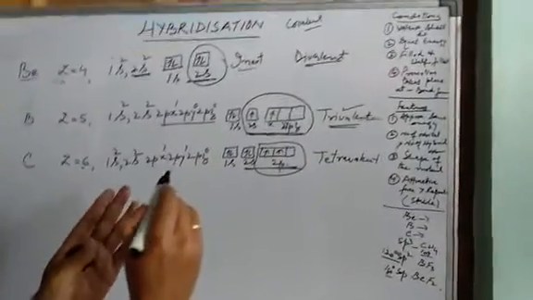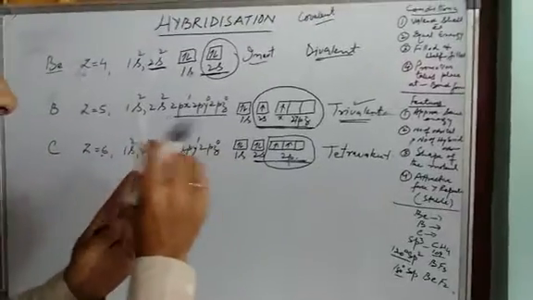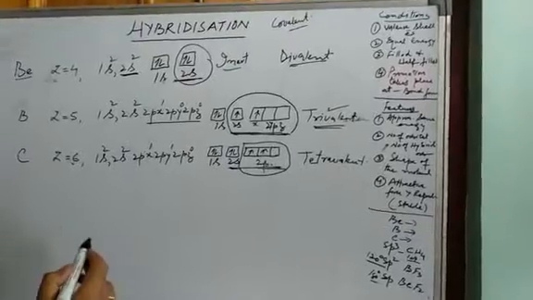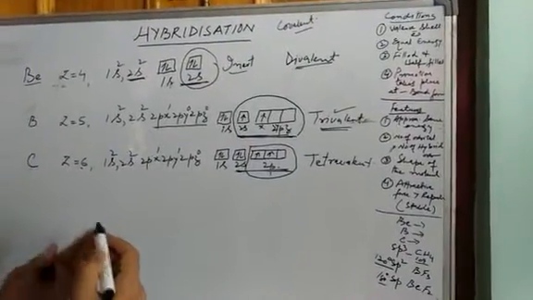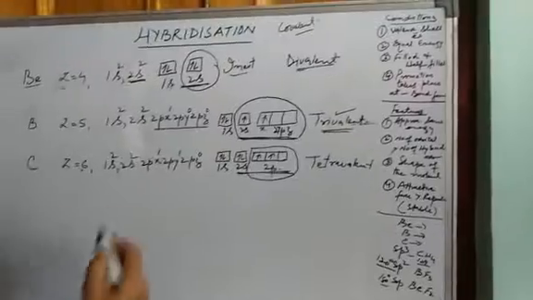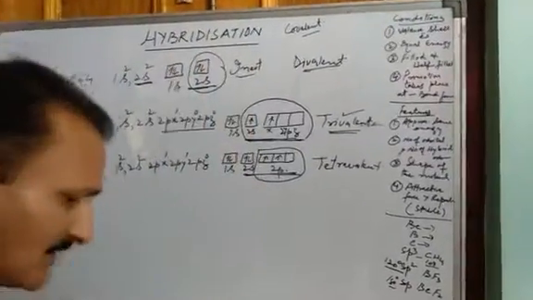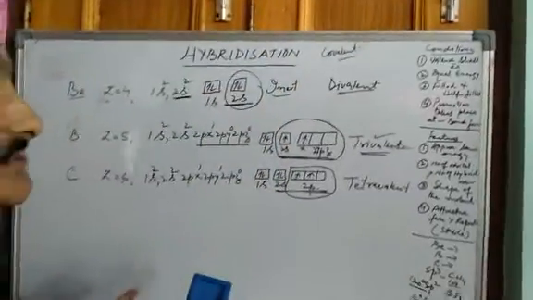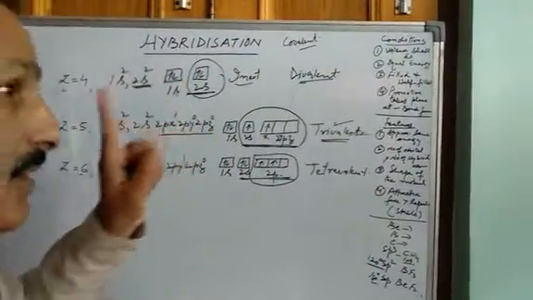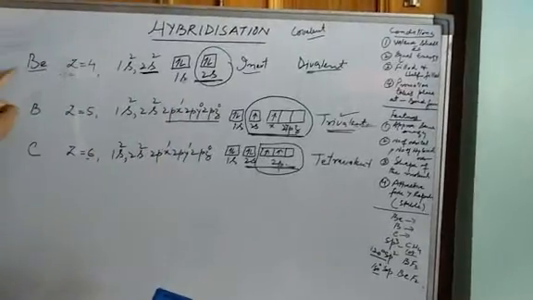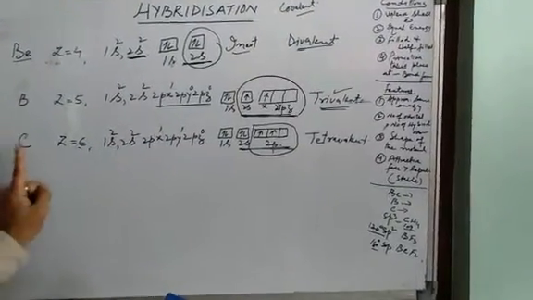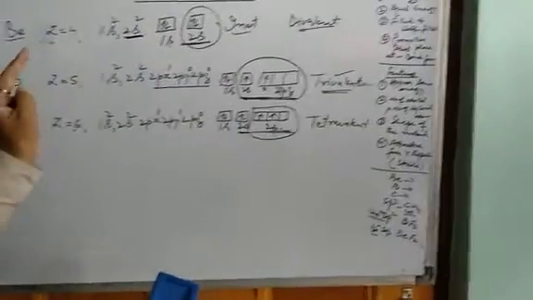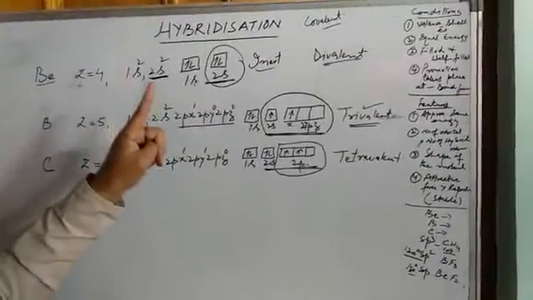They have only a minor difference in their energies, so they can undergo hybridization. First let me clarify that this concept is taken into consideration when there is bond formation. Beryllium, boron, carbon cannot undergo hybridization in isolation. When they are in atomic form, they can't do it. They do it at the time of bond formation.